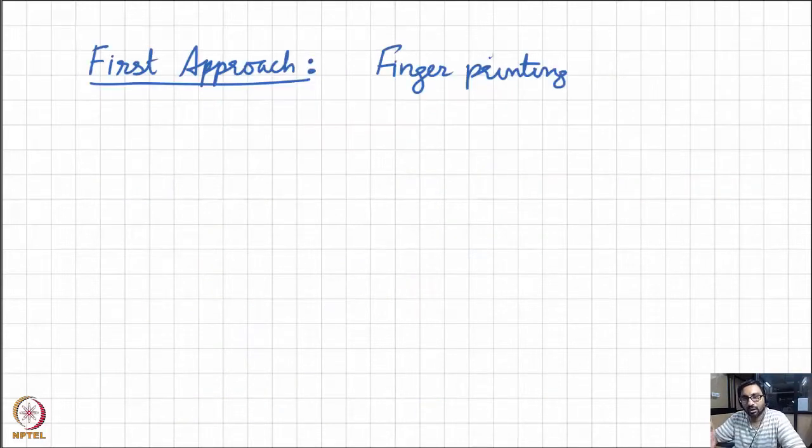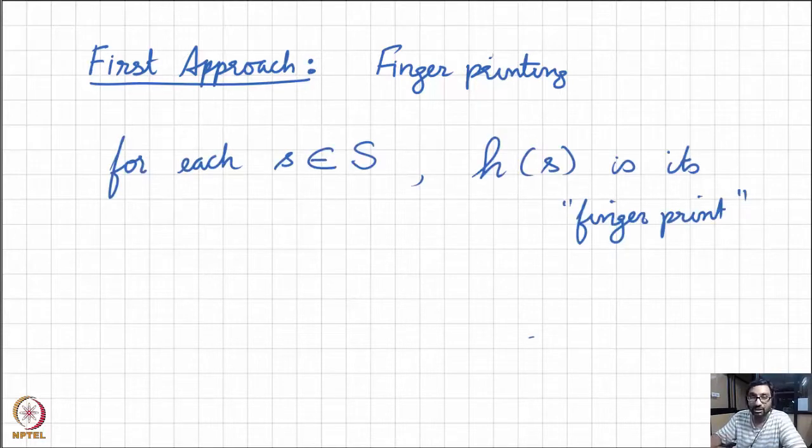Let us first look at a first cut approach. We're going to look at the fingerprinting approach, wherein we're going to use a hash function. So every time a user ID is included into the set S, the ID is hashed, and a smaller fingerprint, basically the hash value, is stored in a manner that it can be easily searched for each user ID S from the set of user IDs that we have included so far.